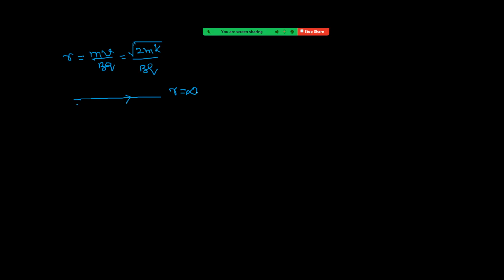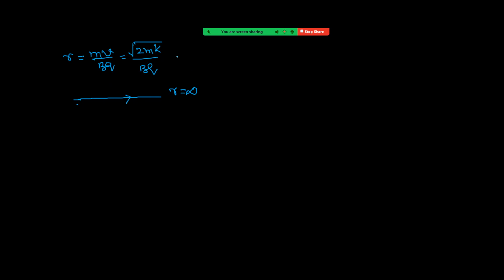That means if R is more, deflection is less. I am repeating: if R is more, deflection is less, because infinite radius means straight line, which means no deviation. If R is less, deviation is more. That means we have to focus on the radius of the circular path.